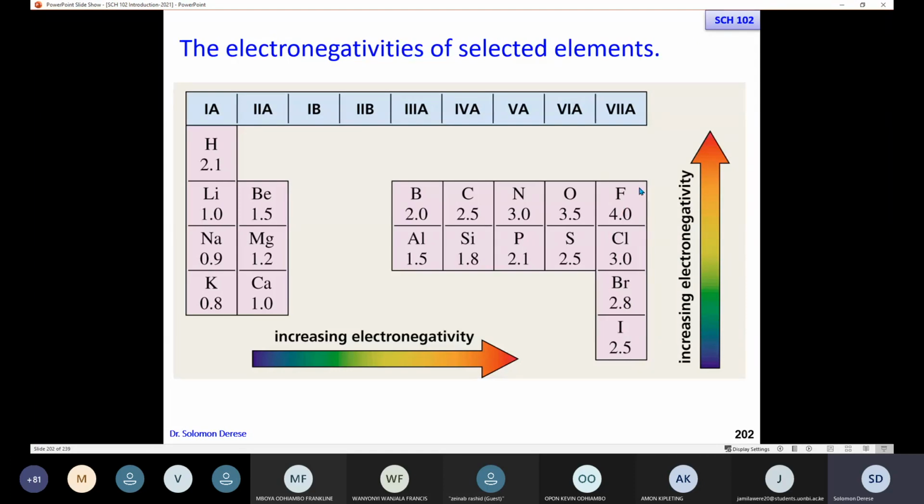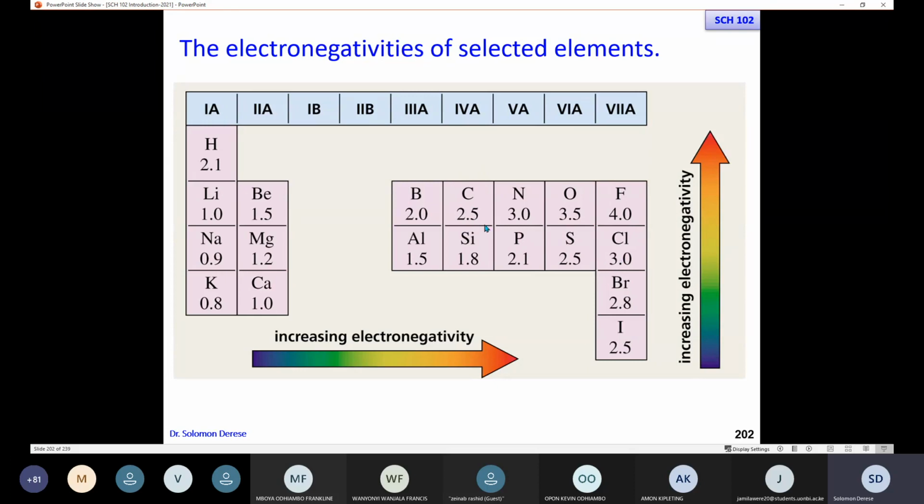So fluorine has an electronegativity of 4.0. The second most electronegative element in the periodic table is oxygen, which has an electronegativity of 3.5. The next one is nitrogen, with an electronegativity of 3.0, and then chlorine, also 3.0.